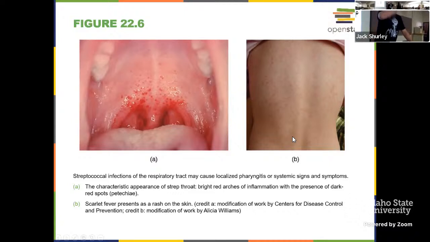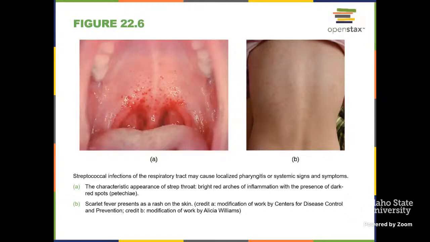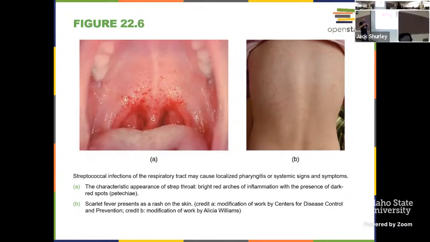And this we showed in the last chapter with some of the skin stuff, all right? So with strep throat, you see this nice red inflammation, lots of spots up in here called petechiae. The petechiae are these red spots where we've got some blood, these cells that are basically losing blood.